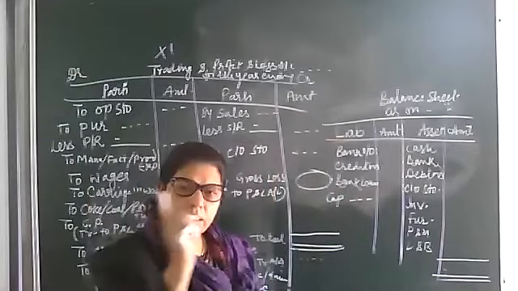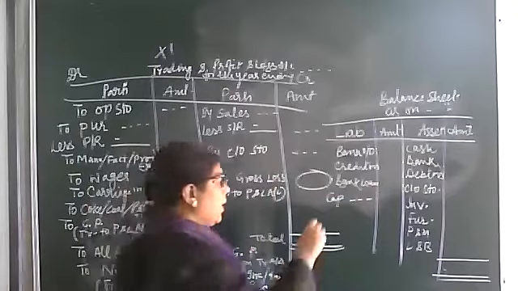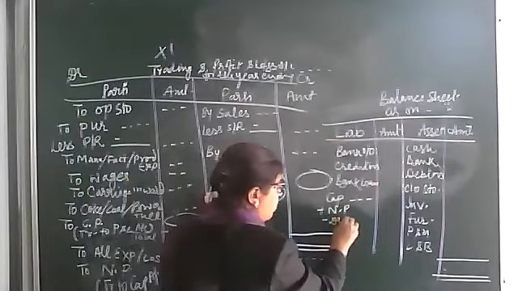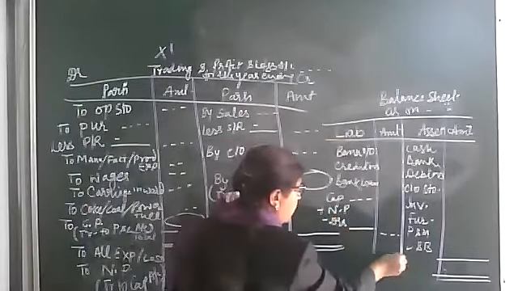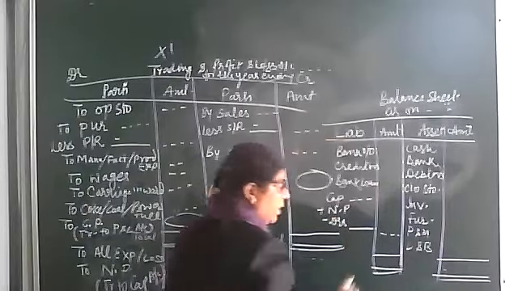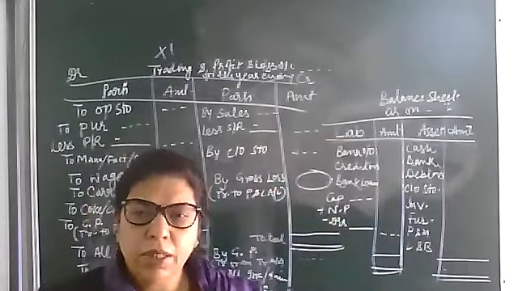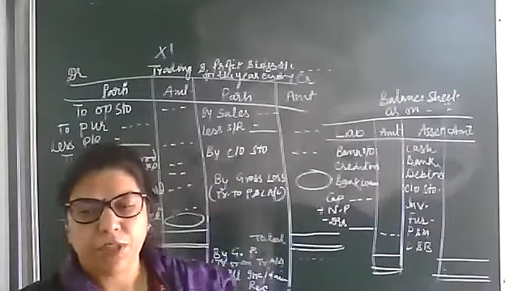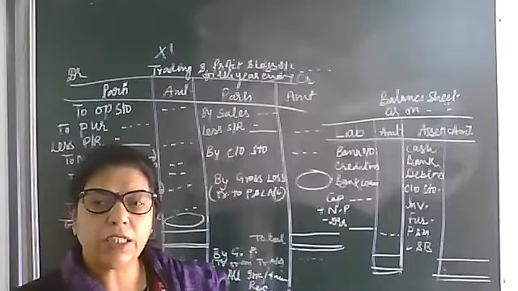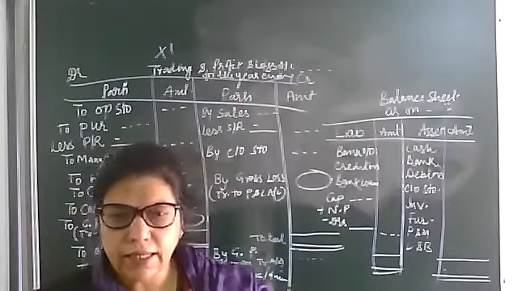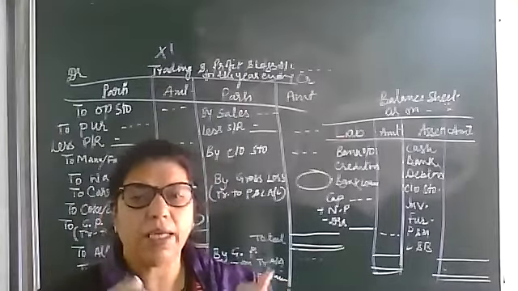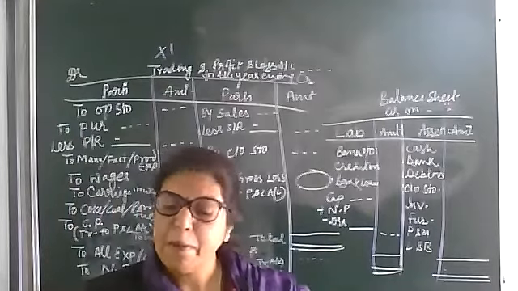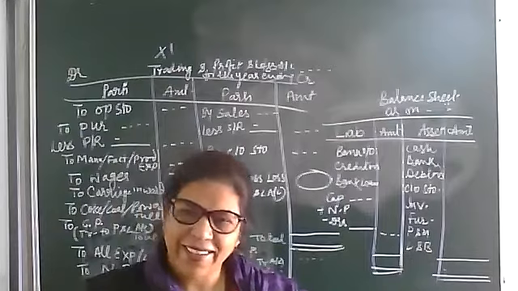Capital should be entered in inner column because net profit to be added and drawings to be subtracted. Then final amount in outer column and with double line, and be careful. The total of both sides should be same. The total of balance sheet of two sides, asset side and liability side, should be matched. Then this shows that our accounts are perfect, correct and right.